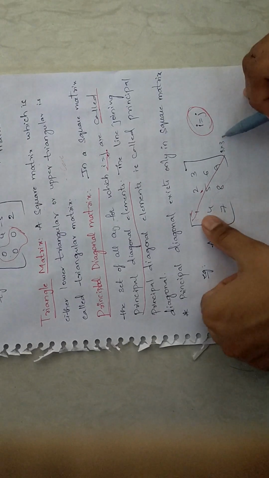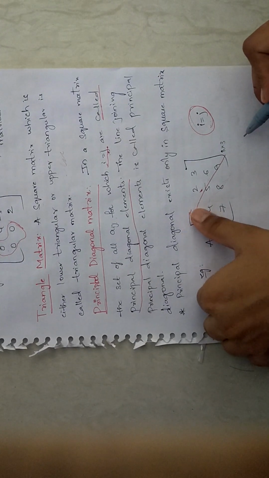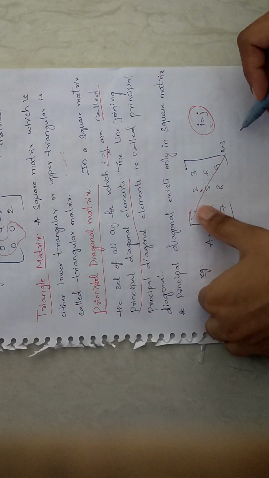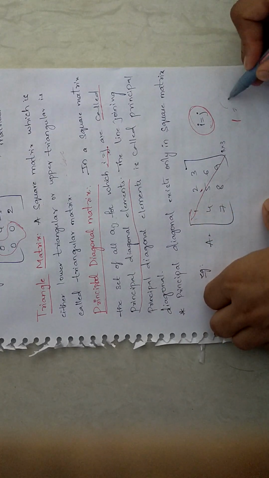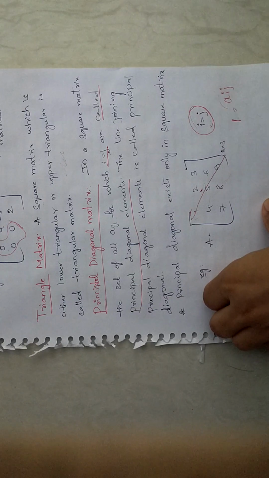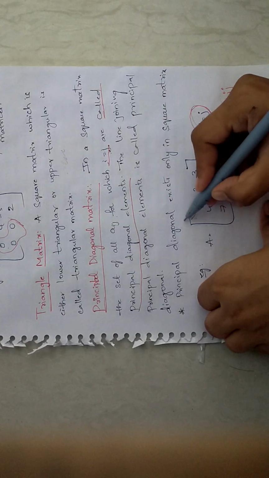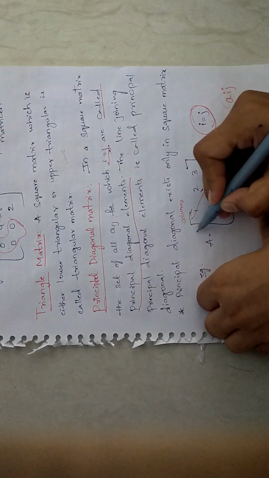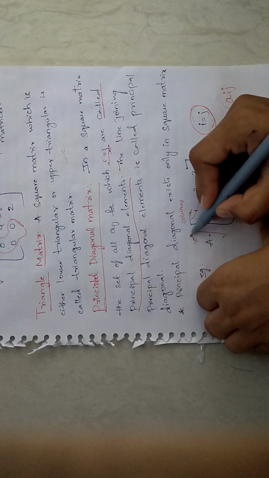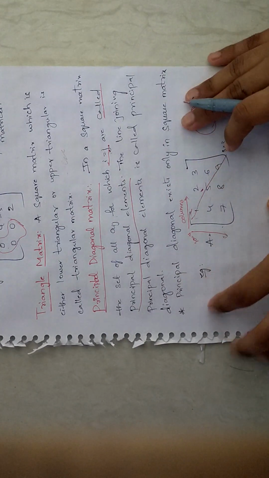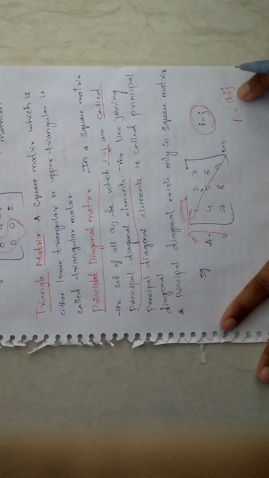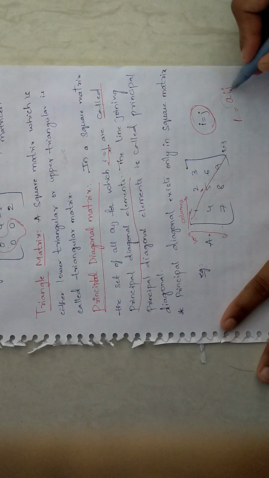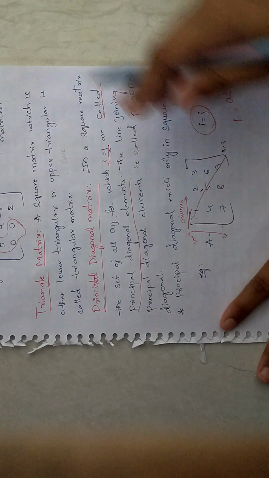For example, if I say 1, you will write 1, but the position will be aij. Here what we are writing? Columns. Here what we are writing? Rows. Now the position is called i and j. Position we represent in the form of i and j. Which row? I'll explain.